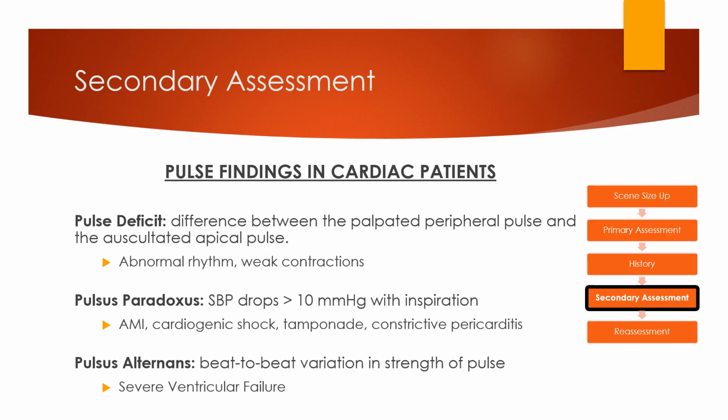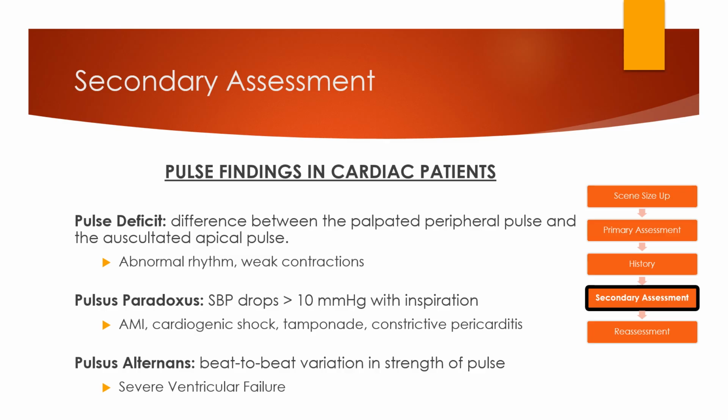So if you're palpating their pulse rate for 30 seconds, then they took at least, hopefully, 6 breaths during that time. And when they breathed in, did the pulse get weaker? So that would be a finding of pulsus paradoxus. Some of the things that can cause that: acute myocardial infarction, cardiogenic shock, cardiac tamponade, and constrictive or restrictive pericarditis.